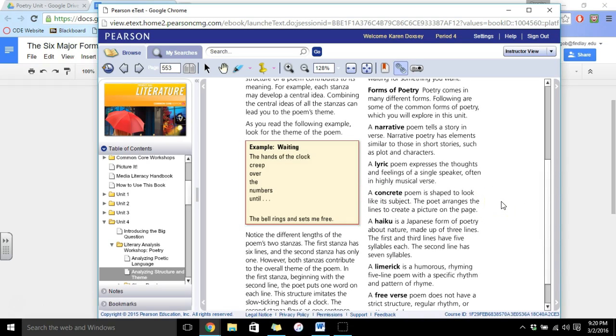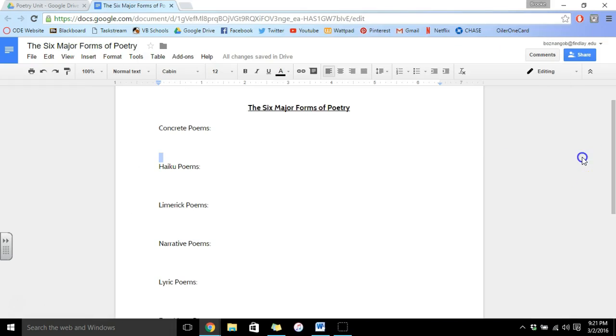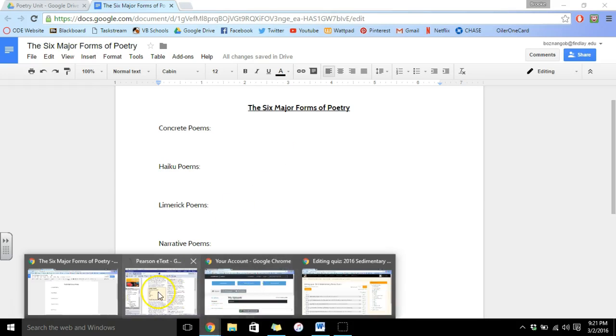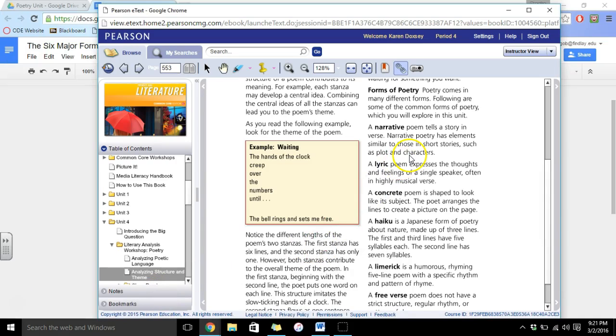A concrete poem is shaped to look like its object. The poet arranges the lines to create a picture on the page. So, on your form that you have over here, we are going to type in what a concrete poem was. And if you'll remember, a concrete poem is a poem that is shaped to look like its subject.